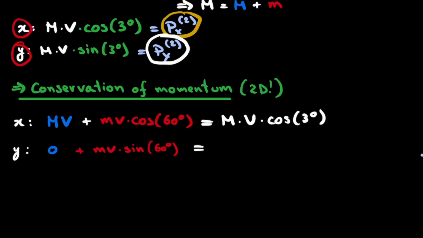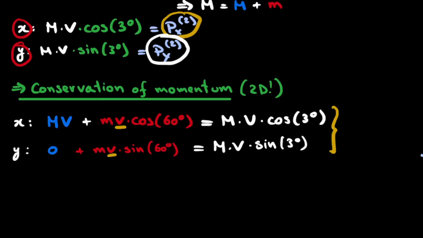And this now, due to conservation of momentum in the y direction, has to be equal to m times v, basically this term, multiplied by the sine of 3 degrees. And here we now have it. We have 2 equations which involve this parameter right here that we actually want to solve.